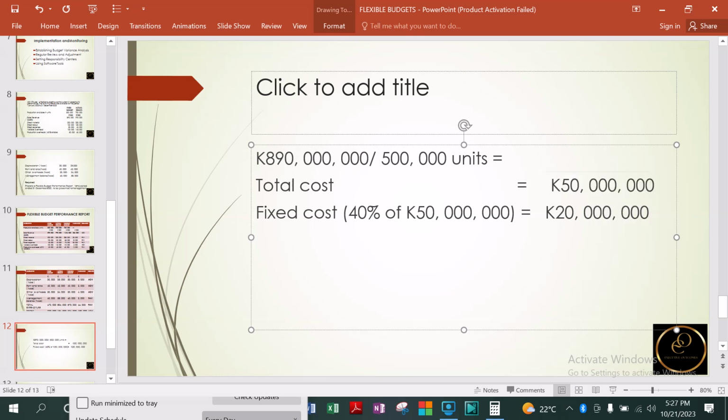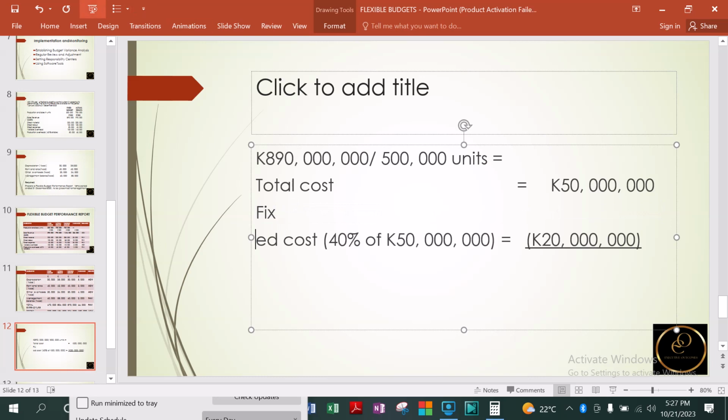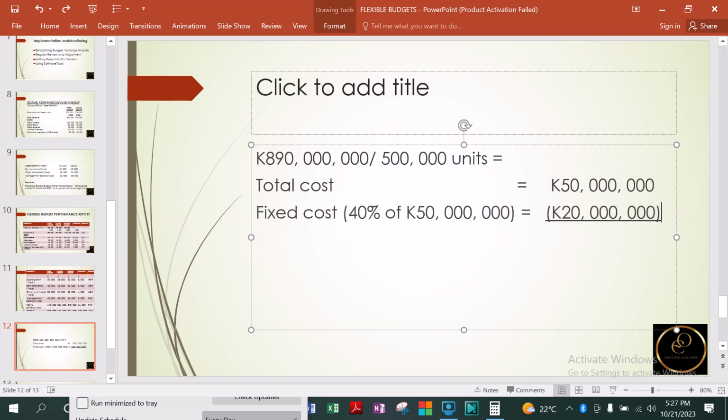So this is 20 million. Okay, so meaning the difference between these two will give me the difference, which is variable cost, which is 60%.